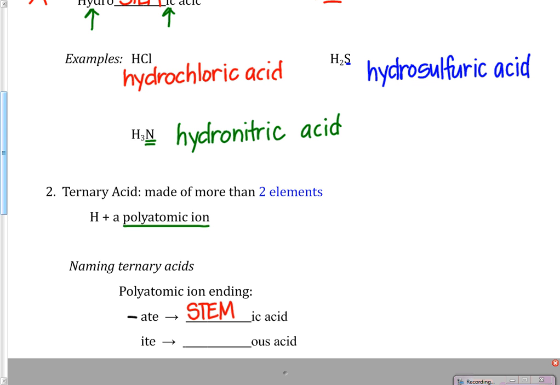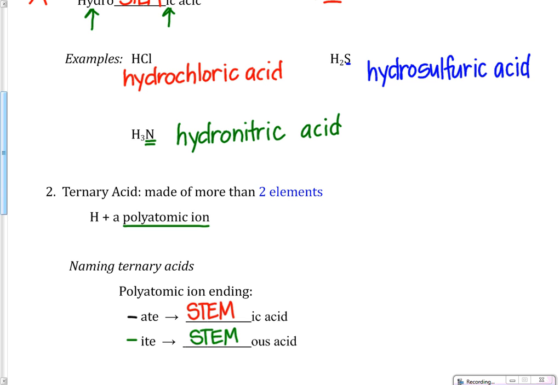So ate changes to ic. If the polyatomic ion ended in ite, like sulfite, nitrite, phosphite, you still take the same stem, but this time your ending is ous, O-U-S. We'll practice a few of these with polyatomic ions.